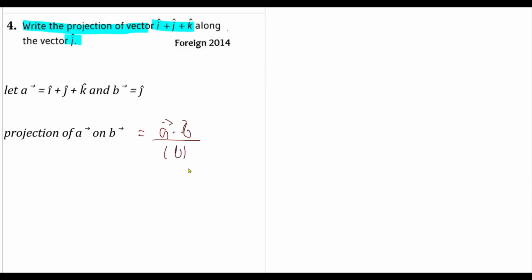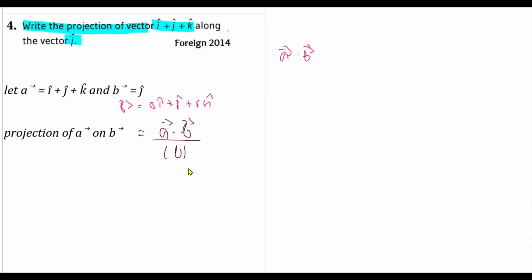So let's first figure out A dot B. Here there is 0i, so I can rewrite B as 0i plus 1 times j plus 0 times k. So simply what you have to do is multiply j with this vector.